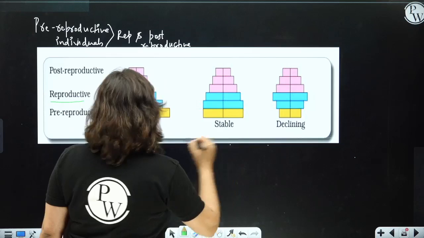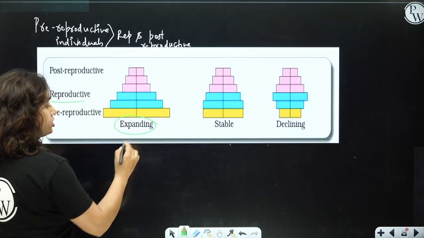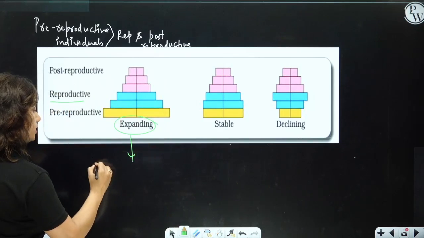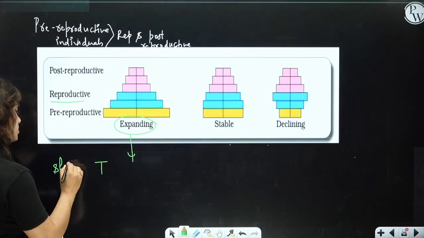It is an increasing population, and the shape of the age pyramid is triangular.